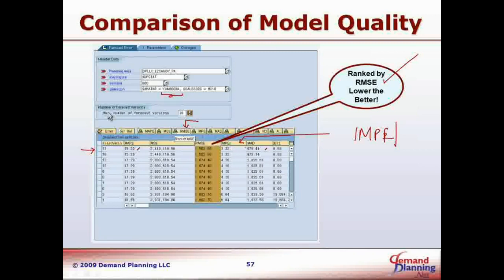So for those of you who understand the math here, the algebra, if you don't have the absolute sign, a model with a very high over-forecasting bias would be rated as the number one model. If you have a minus 75% and a plus 75%, and a variety of forecasts in between with a 0% in the middle, the minus 75% model would show up on top, which is not a good outcome, because that model is not a good model.